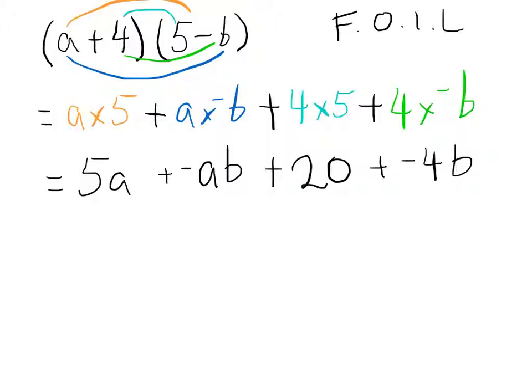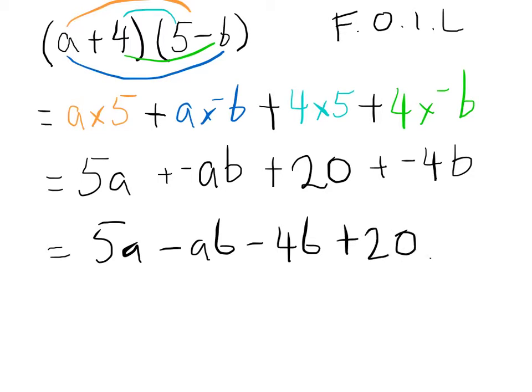Now, because there's nothing in here that has the same letters, all that we have is this with an a, this with a b, and this with an ab. There's none with just the same letter, so we can't simplify any of that down. The only thing we could do now is write it as 5a minus ab minus 4b plus 20. And that's done.